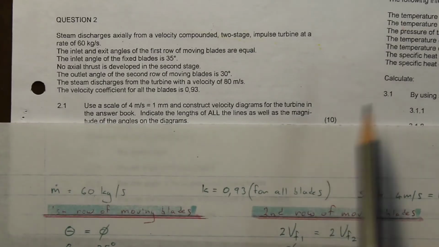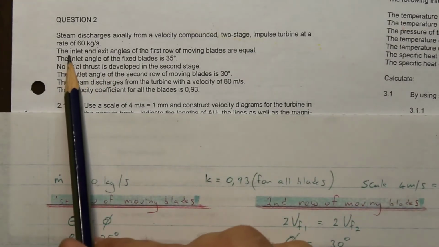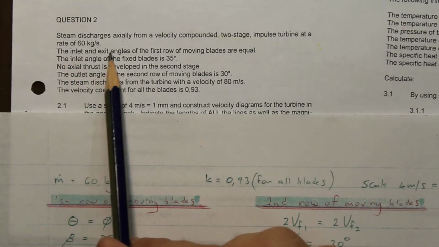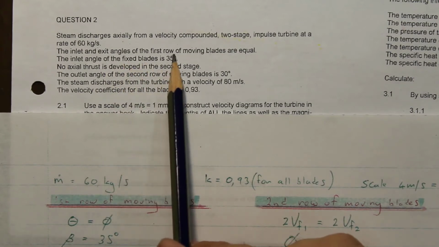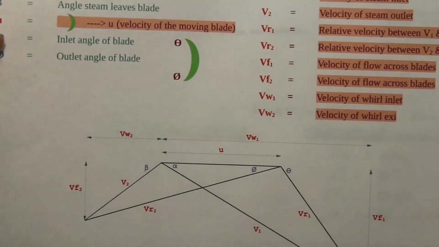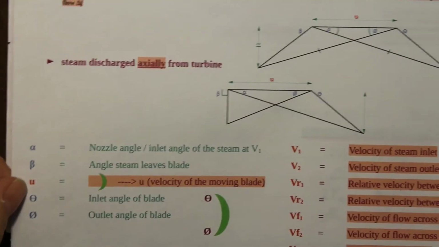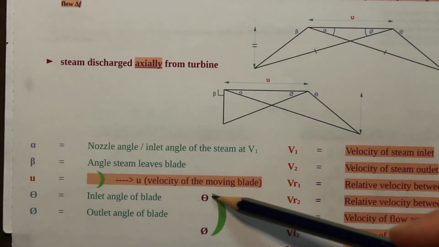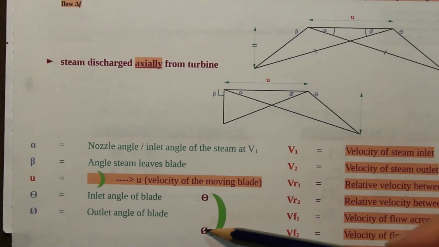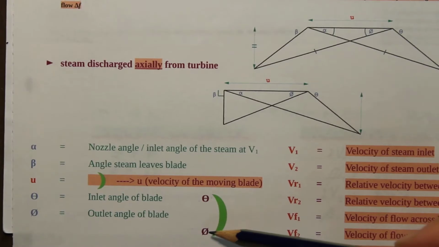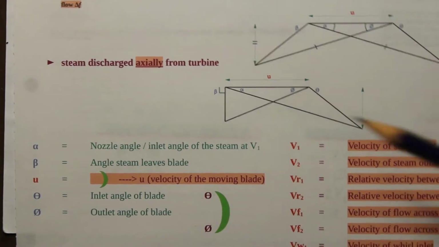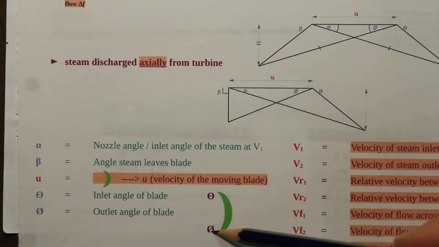And it says here that the inlet and the exit angles of the first row of moving blades are equal. If you look here on the sheet that I gave you, here's the inlet angle and the outlet angle of the first row of the moving blades. So that is theta and phi.